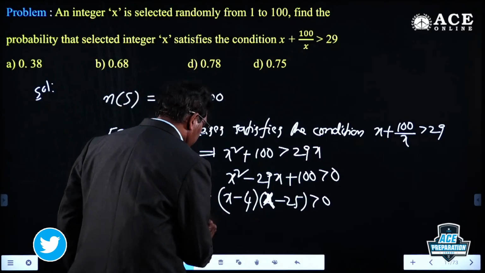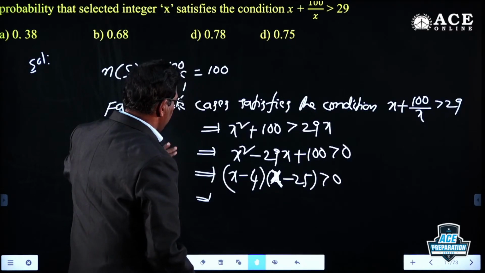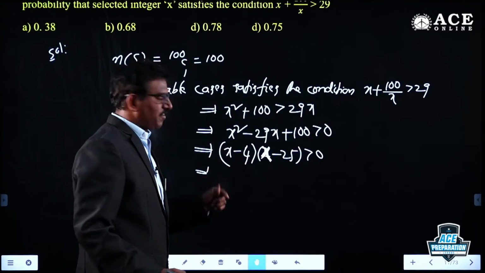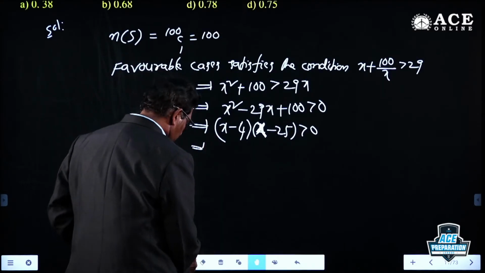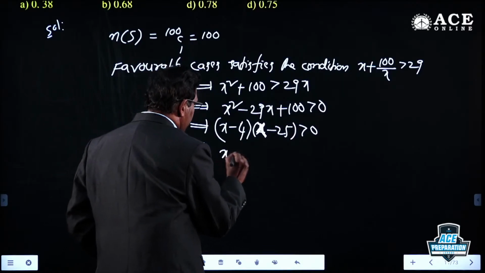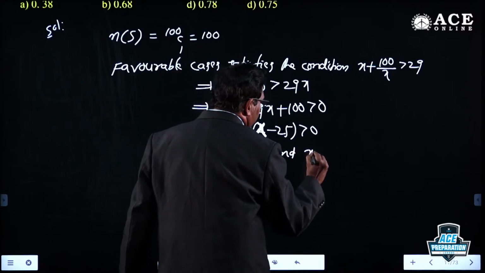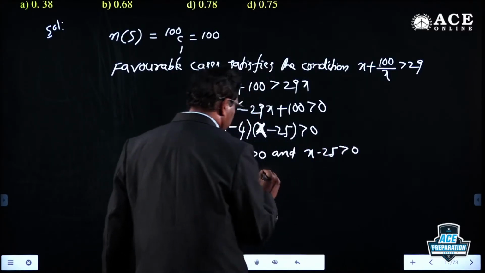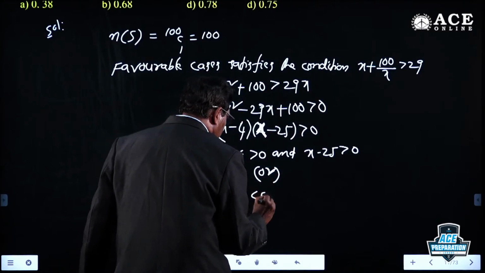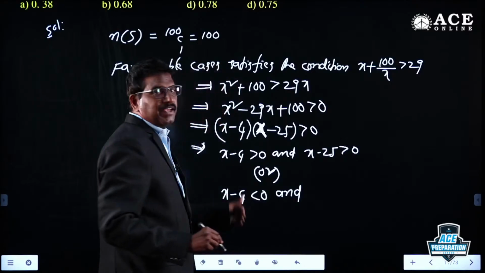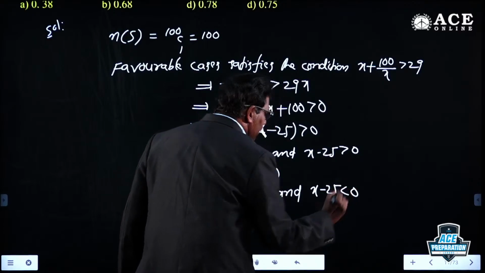The product of two factors is greater than 0 when either both are positive or both are negative. That is x minus 4 greater than 0 and x minus 25 greater than 0, or x minus 4 less than 0 and x minus 25 less than 0.